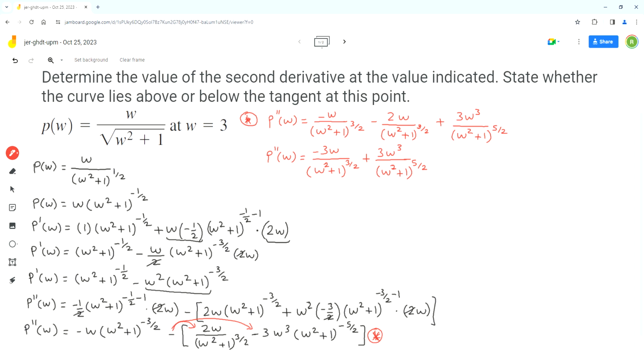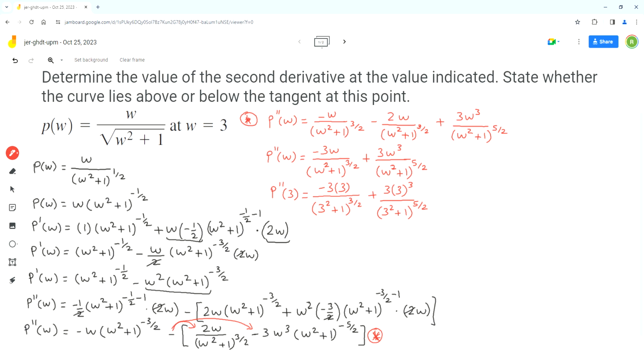Now we have to find the value of the second derivative at W equals 3. So in this step we can sub in W as 3 in this second derivative. So we get negative 3 times 3. Now we can simplify this expression.